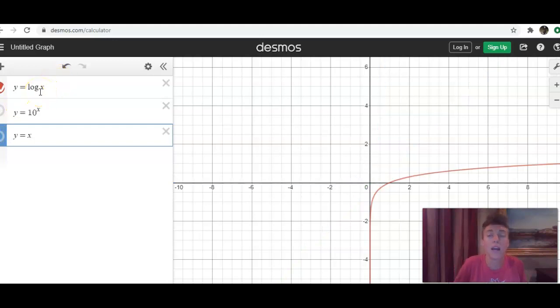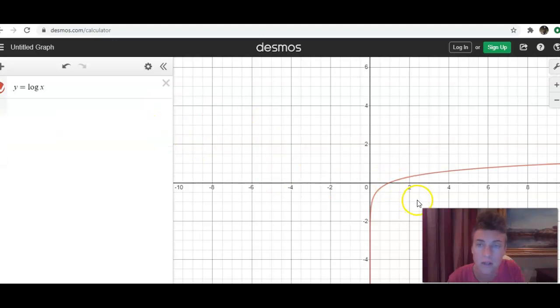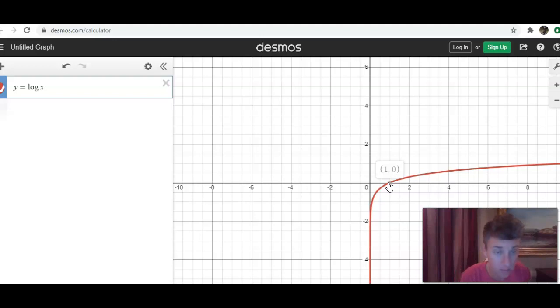We're looking at y equals log base 10 of x, which has the inverse point here, 1, 0. That will always be its x-intercept. Okay, so I'll put that on our graph.